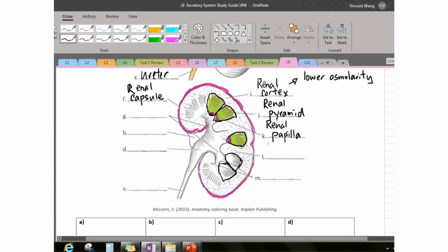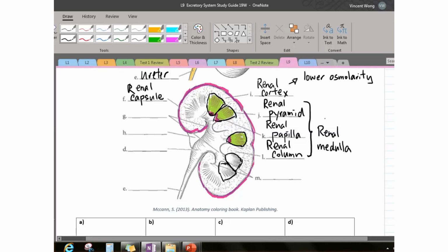So that space between them, we call the renal column. Okay. So together, the renal pyramids along with the space between them, that is going to be your renal medulla. Right? So typically, cortex means the outside of an organ, and medulla means the inside of an organ.